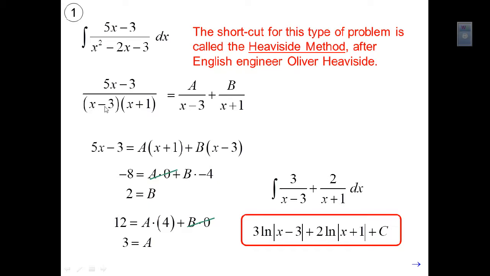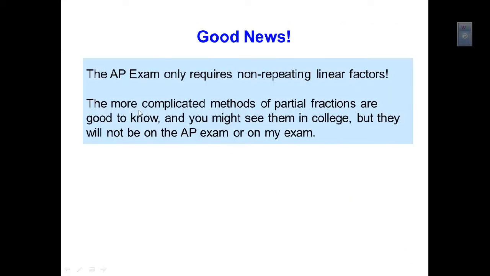So if we had x minus 3 and x minus 3 when this factored, that would be a repeating linear factor. For the AP exam, you only have to deal with non-repeating linear factors. The more complicated methods of partial fractions are good to know, and you will probably see them in college, but they will not be on the AP exam or on my exam.